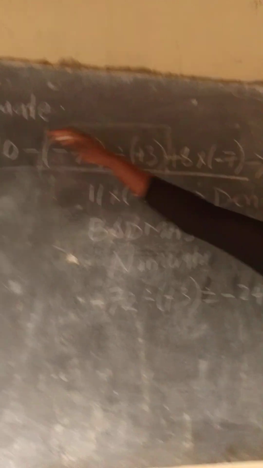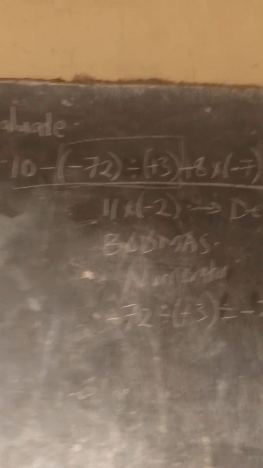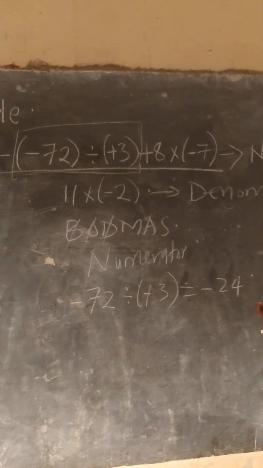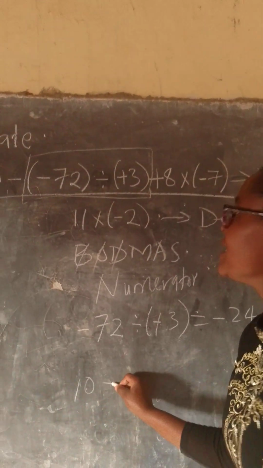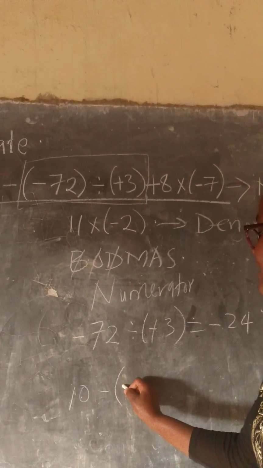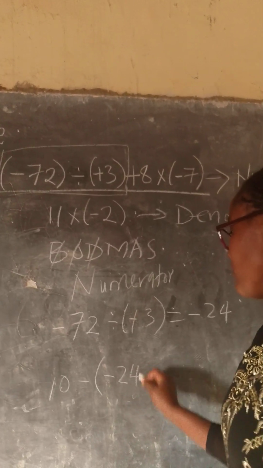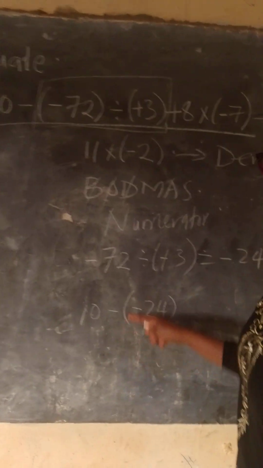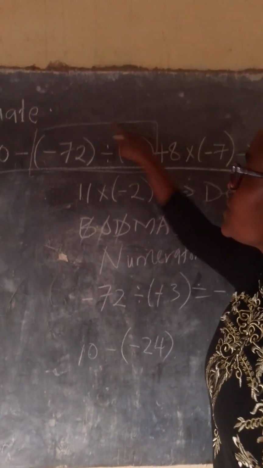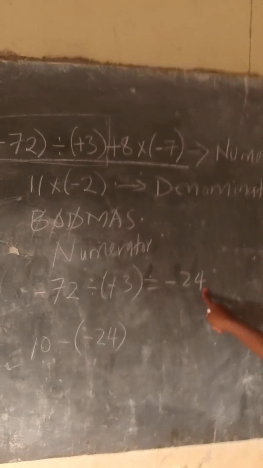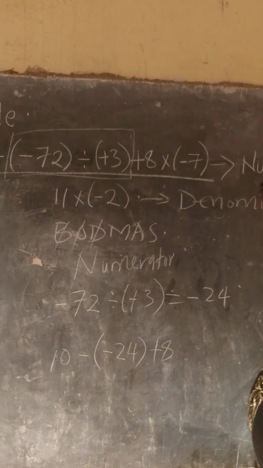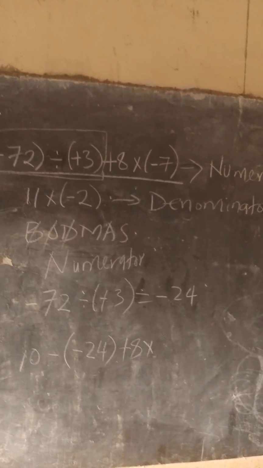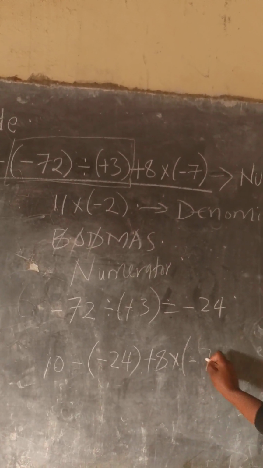We substitute all these with negative 24. Let us be very keen with the signs. This will be 10 minus, in brackets, negative 24, then plus 8 multiplied by negative 7.